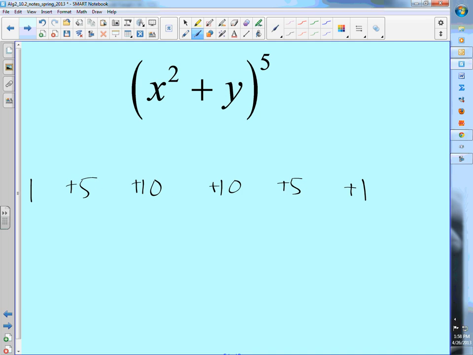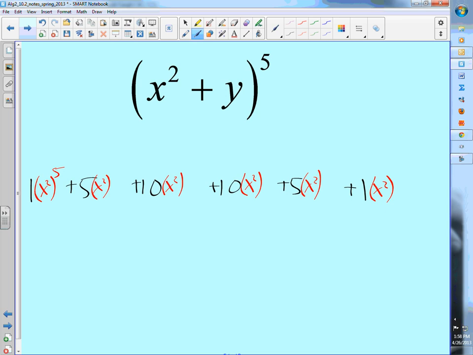The first thing I want to make sure is if this is a power of 5, I should get 6 terms. 1, 2, 3, 4, 5, 6 terms. In the first position, x squared goes in parentheses for every one of these. The power on the first x squared is going to be 5.